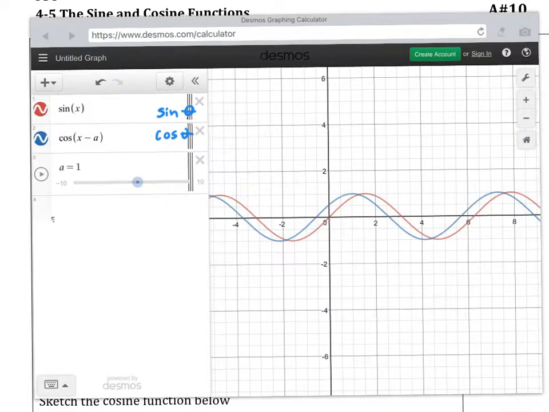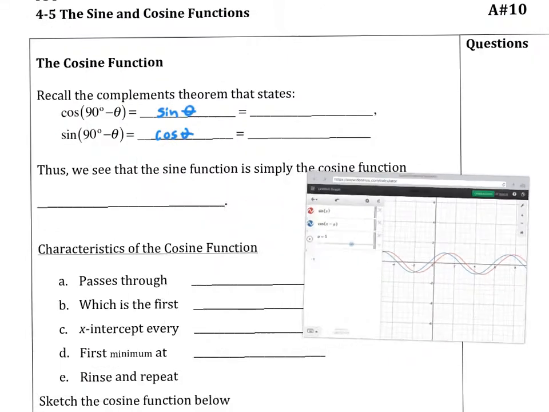As I take the complement, watch this: I'm taking my cosine and just sliding it a little bit, and my cosine suddenly becomes the sine. Now it's its own thing and then becomes sine again. They go back and forth, becoming independent of each other, but then they become each other too. That's the idea of the complements theorem.